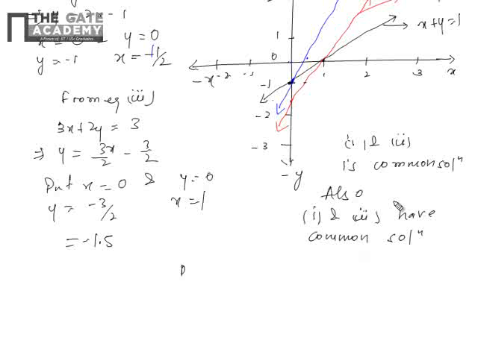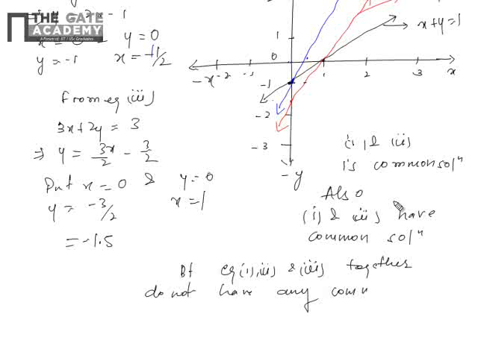No. Equations 1, 2 and 3 together don't have any common solution. So I can conclude that the system of equations is inconsistent. Fine. So the answer will be D.